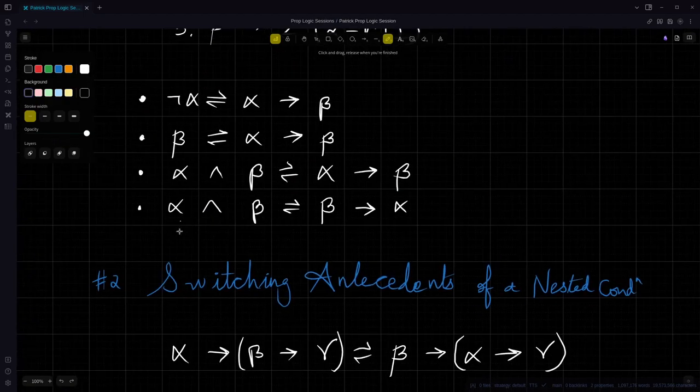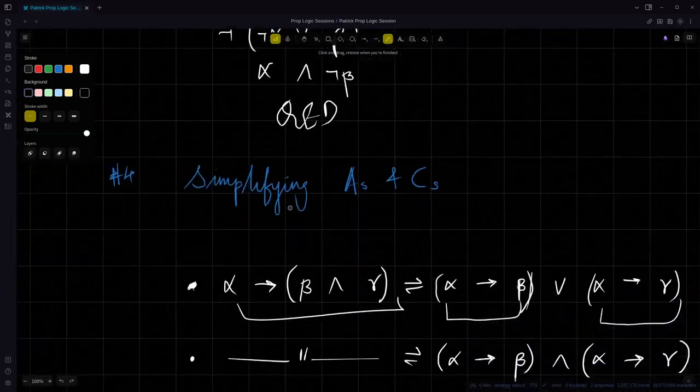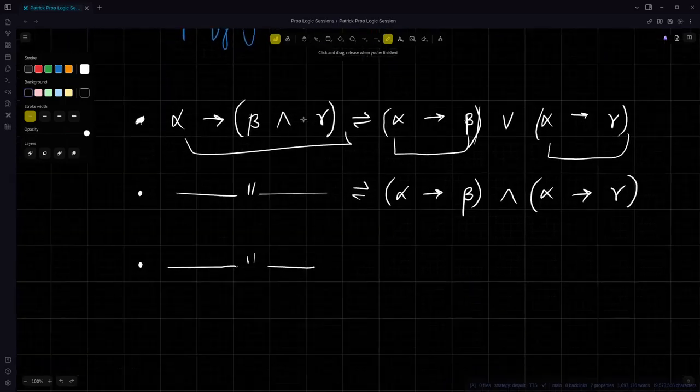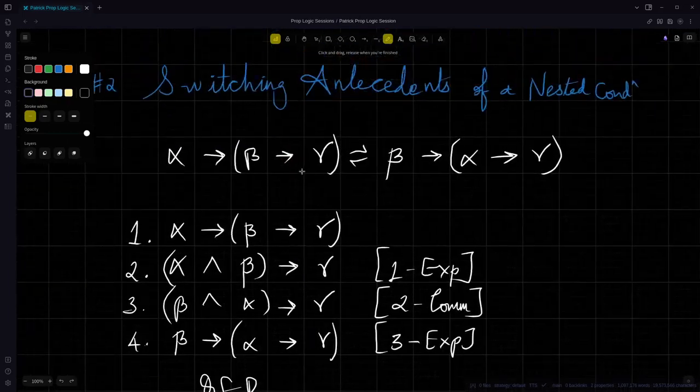If the conjunction is true, then this is true. If alpha and beta are true, then alpha implies beta is true. So I just applied that here. This was in the proof that we did for making the conditional. It's one of the tricks that we derived.